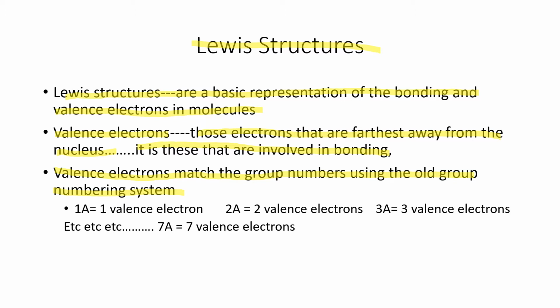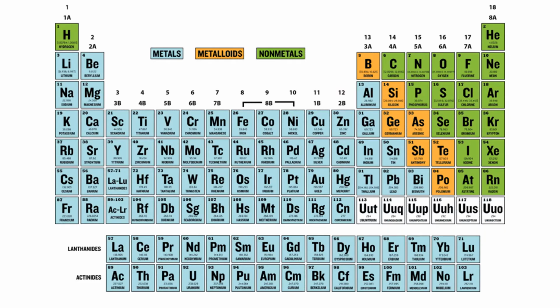If your element is in group 1A, you're going to have one valence electron. 2A, 2 valence electrons. 3A, 3 valence electrons. On and on, 7A, 7 valence electrons. So all you need to do is take a quick peek at the periodic table to figure out how many valence electrons an atom is going to have.